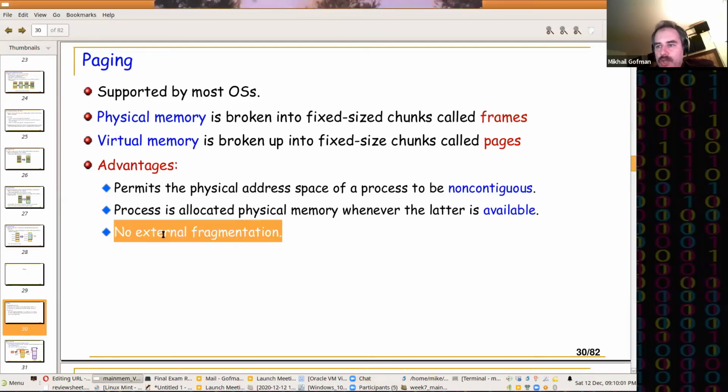And because paging splits memory into fixed size chunks, there is no external fragmentation.